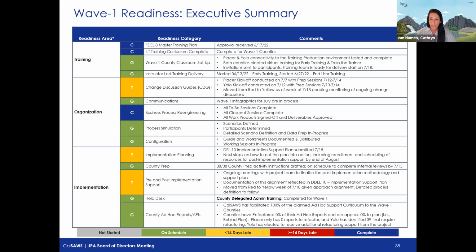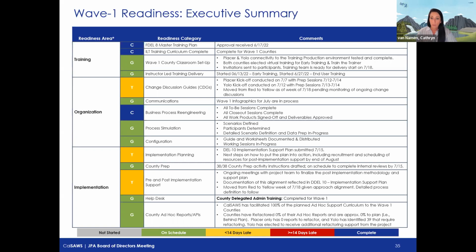All of the change discussions with the supervisors and the managers were conducted last week. That activity was completed, and now ongoing, there will be office hours as well as tracking mechanisms to monitor how those change discussions are occurring with staff.